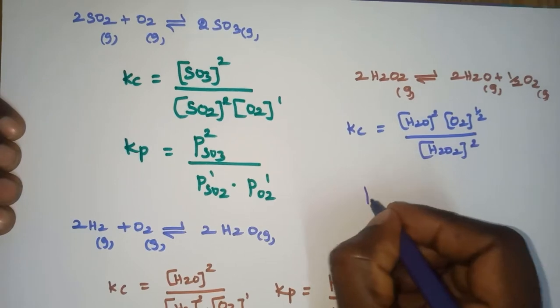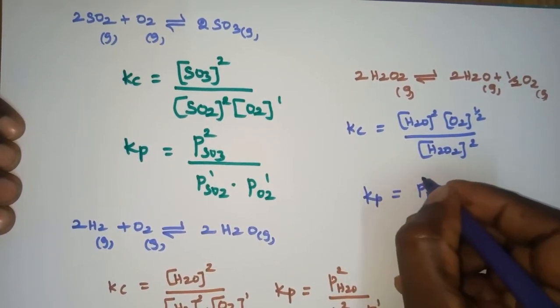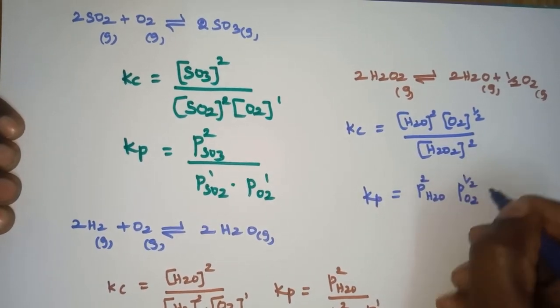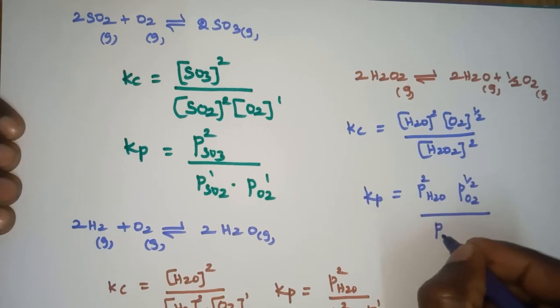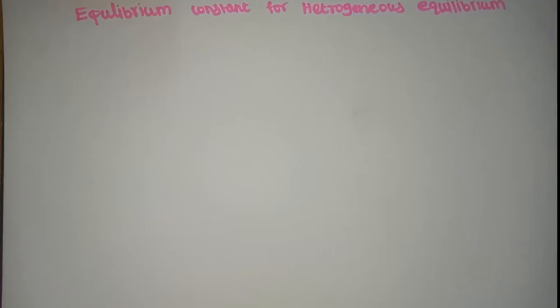In the same way, Kp is written as Kp equal to PH2O power 2 into PO2 power 1 divided by PH2O2 power 2.